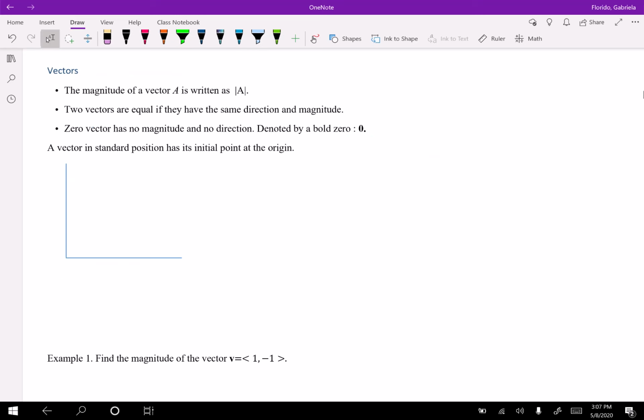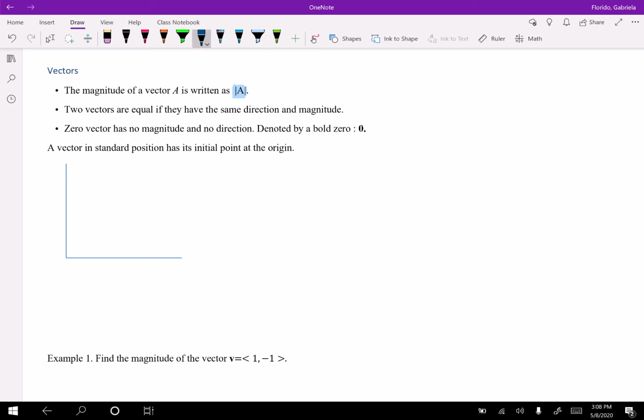Let's talk a little bit more about the properties that vectors have. The magnitude of a vector A is written as these two absolute value looking lines with the A in the middle. So the magnitude or the length of the vector A is going to be written in this form. Two vectors are equal if they have the same direction and the same magnitude.